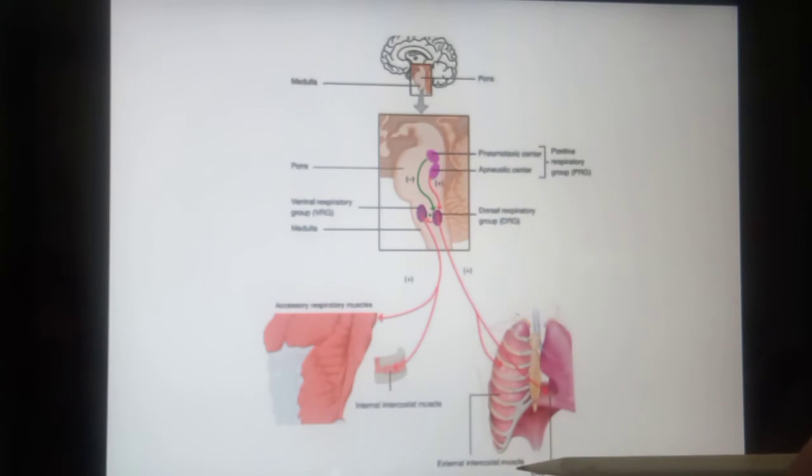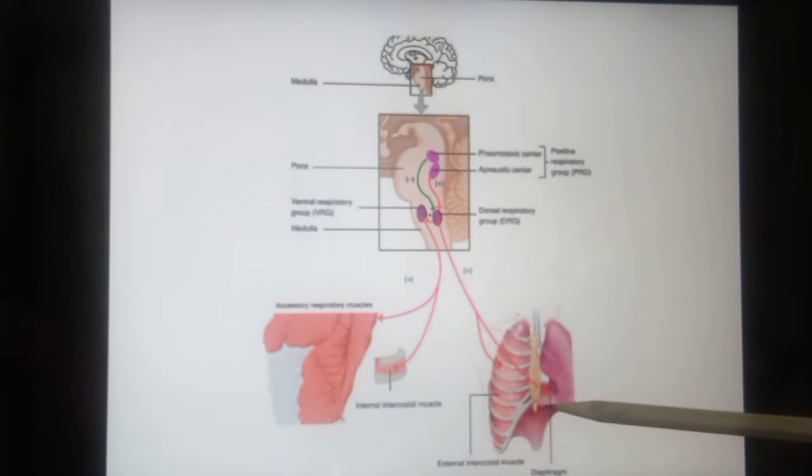When they contract, the volume of the thoracic cavity increases, so the pressure of the air in the lungs becomes less than the atmosphere. Air always runs from higher pressure to lower pressure, so the inhalation is completed.